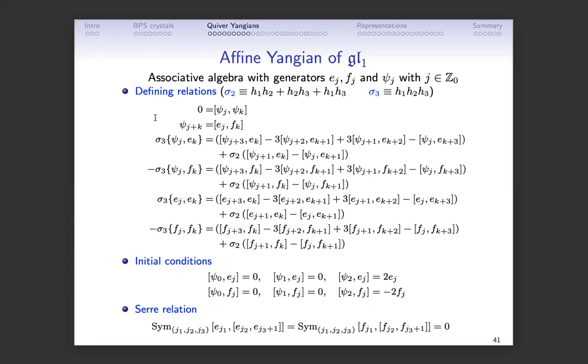This is the relation from the singular piece. You can also take the first few non-singular ones. This actually corresponds to the initial condition. So this relation needs to be supplemented by these initial conditions, and this is the serre relation in terms of the modes.